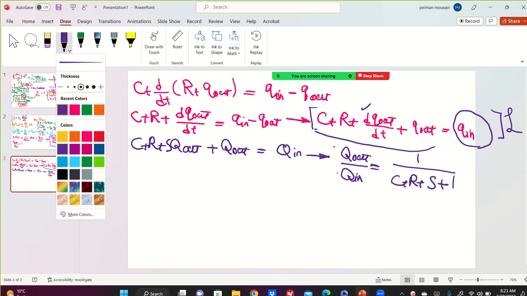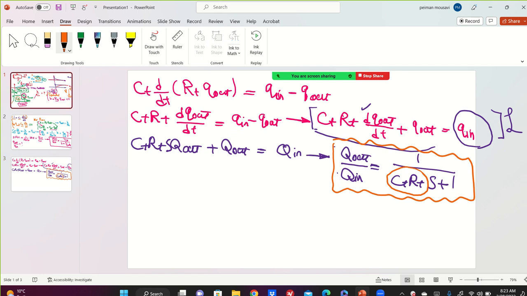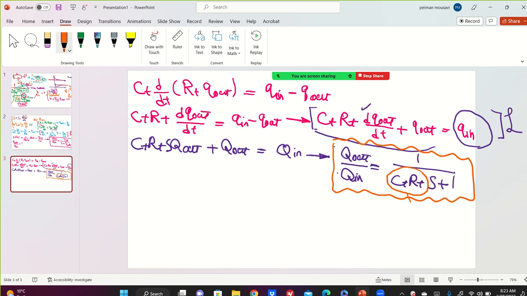And this is our standard first order differential equation. And what's the name of this, guys? CT RT? What's the name of this in the first order systems? Yes, exactly, it is the time constant of the tank of the fluid.